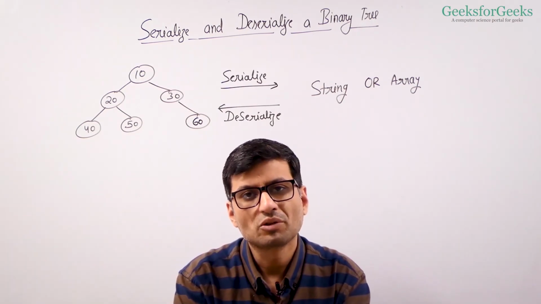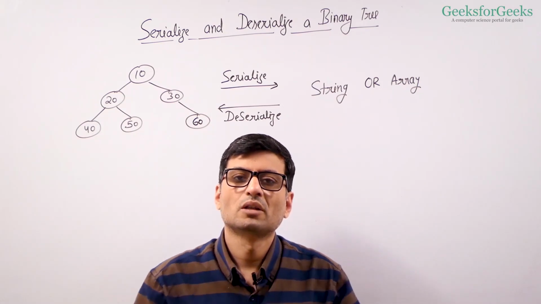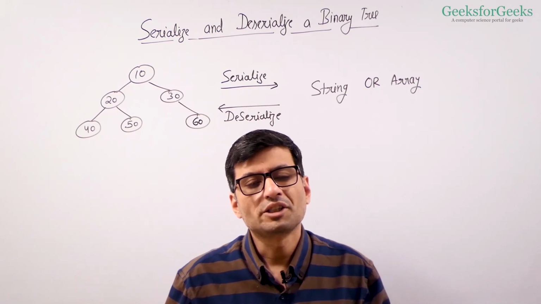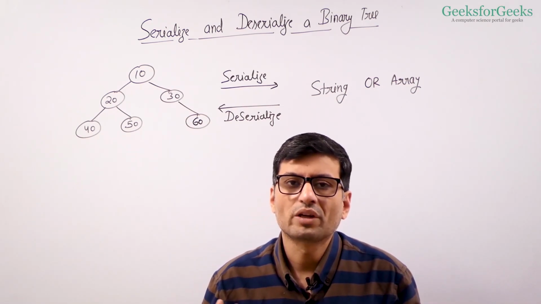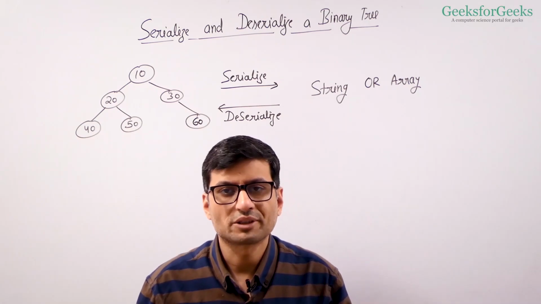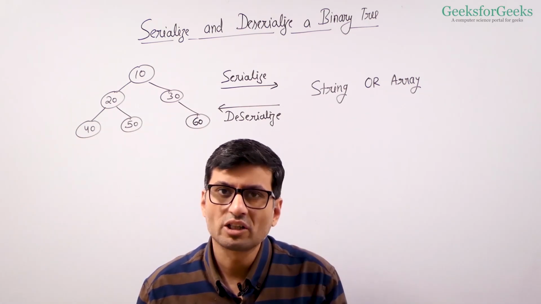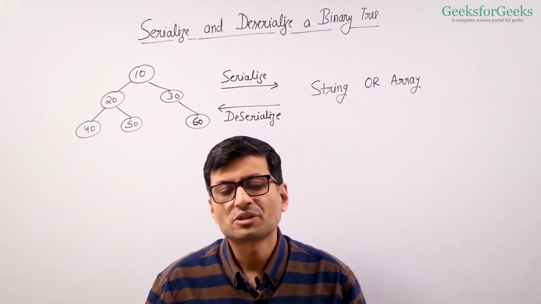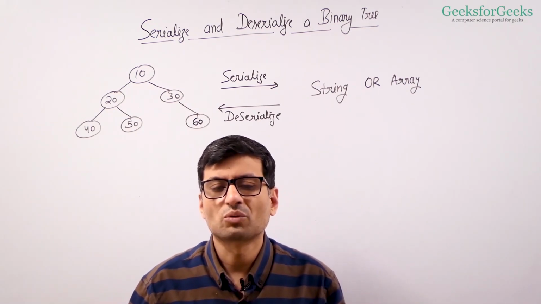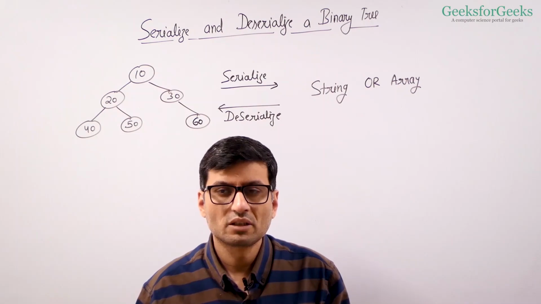Before we talk about solution of this problem, let us talk about applications of this problem. Consider a situation where you have tree data structure and this tree might represent anything in RAM, any hierarchical information in RAM. Now if you wish to send this tree structure that you have in RAM across the network to some other device.